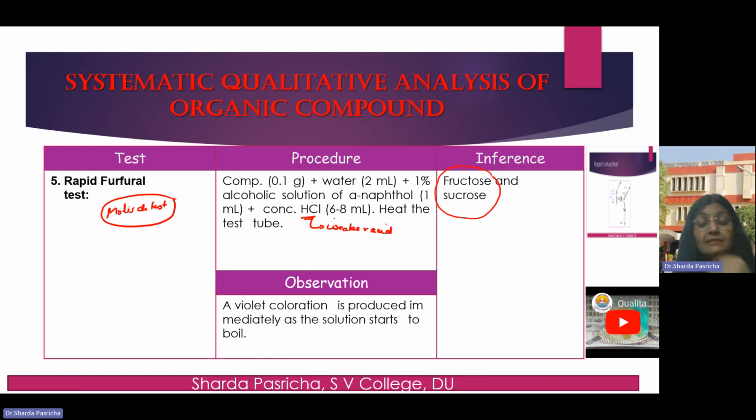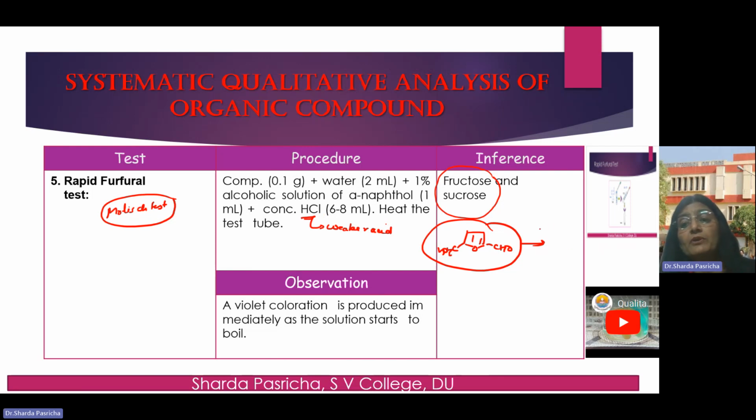So what happens here is the sugars which are already in the furanose form, like fructose and sucrose, can easily form the 5-hydroxymethyl furfural, which is required to give you that violet colored complex, even in slightly weaker acid, HCl, as compared to concentrated sulfuric acid.